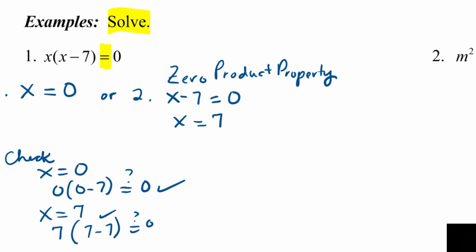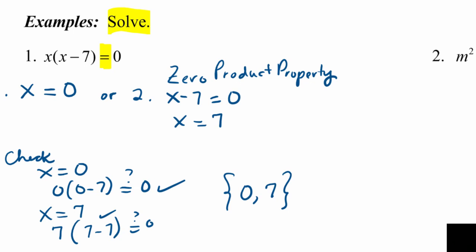And of course it does, because we have a 0 here. So that means that our equation has two solutions that work. And sometimes you'll see them put into these nice little roster forms for sets. Notice I'm not going to use parentheses because that would mean an ordered pair. But I can use these curly brackets, and that means I've got these two solutions. 0 or 7 are two solutions to the original equation.